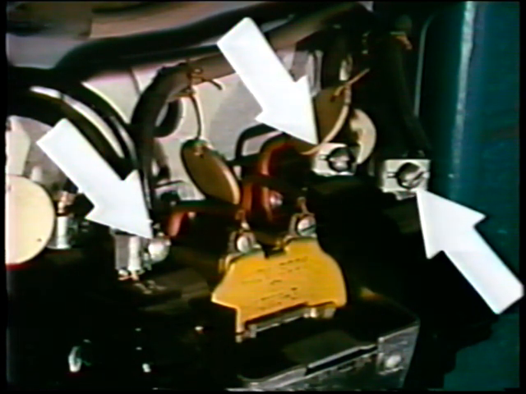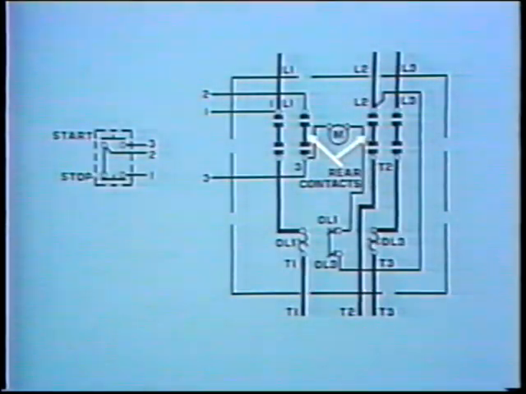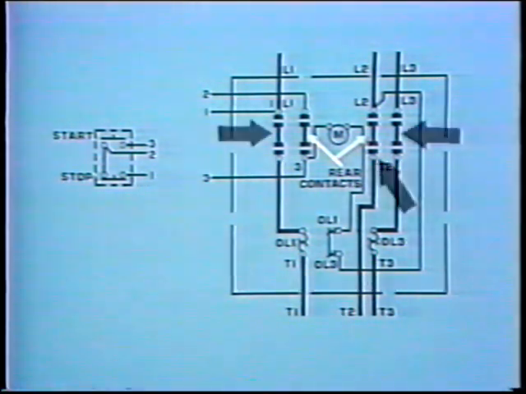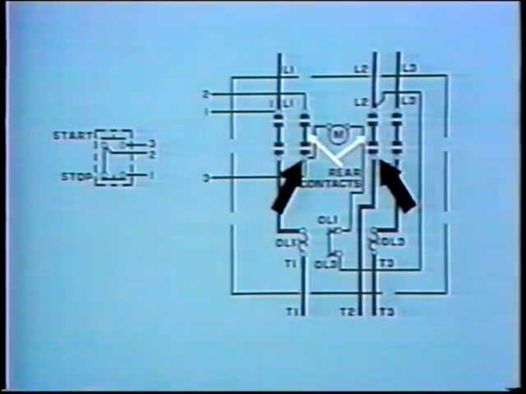The 3-line leads are electrically connected to the magnetic contactor. If the covers on each side of the magnetic contactor were removed, you could see the main contacts. They would be positioned as shown in the wiring diagram. These contacts would be towards the front of the contactor, these towards the back of the contactor.